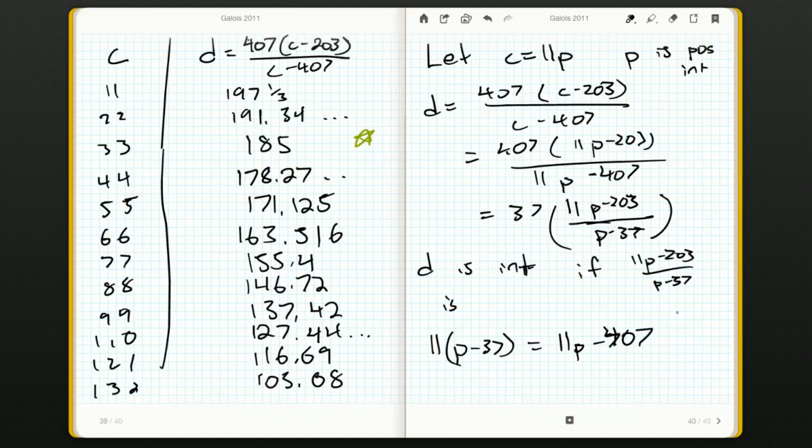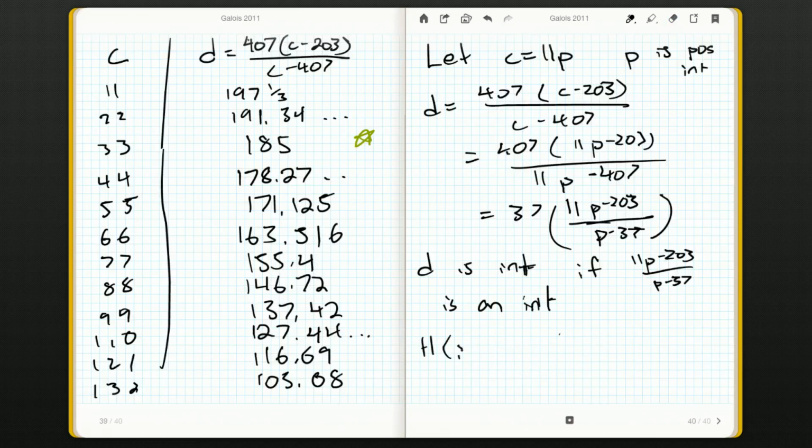But we basically want that to be similar to 11p minus 203. Sorry.